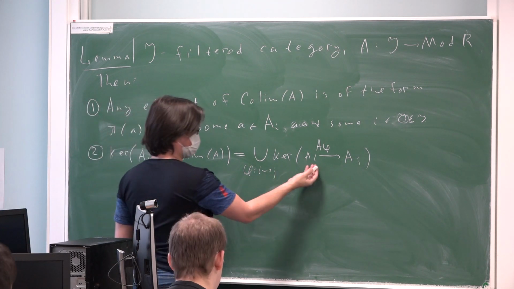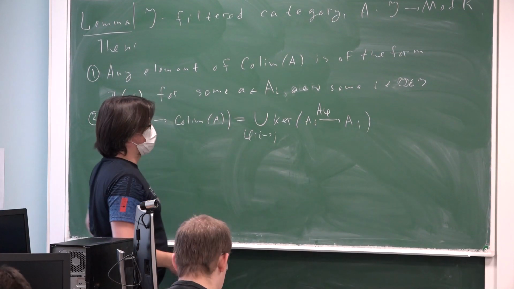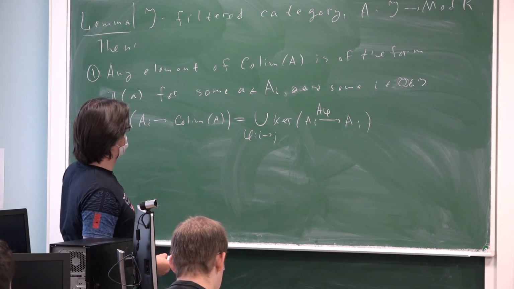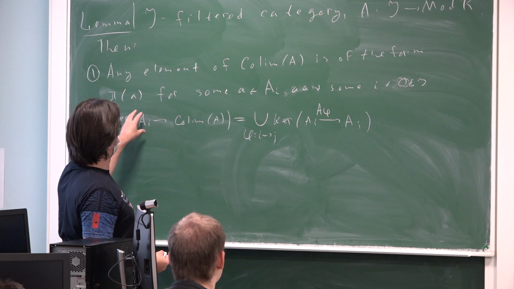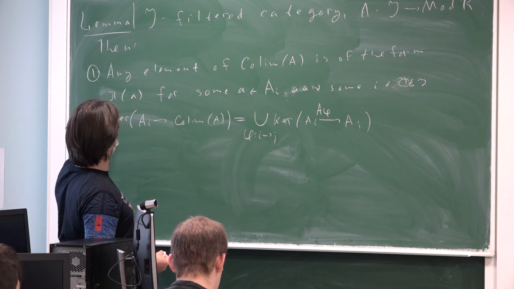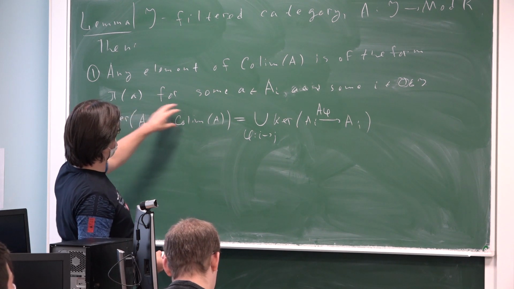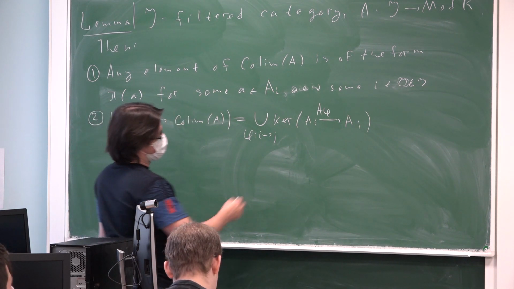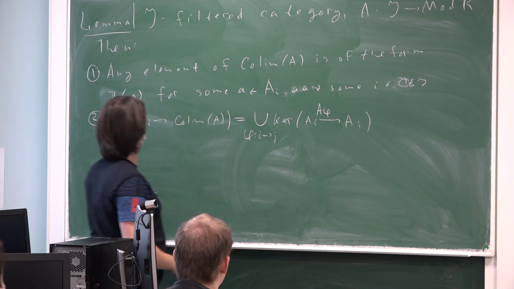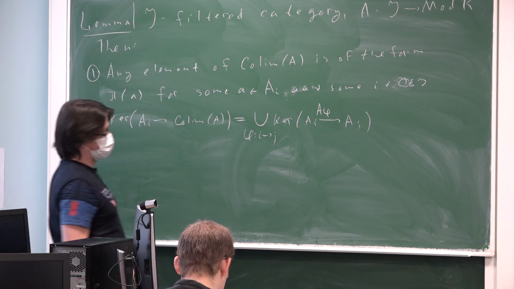The fact that this lies here is more or less clear, and here we will have to prove that if some element from A_i goes to 0, then there is some phi such that A_phi of this element is 0.